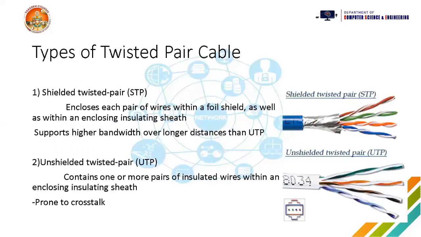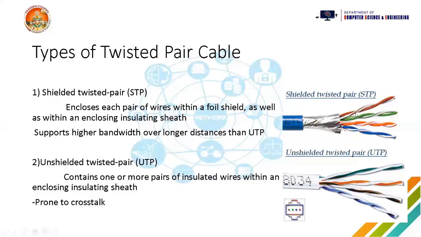Talking about the types of twisted cable, as we said, one is shielded twisted pair and the second is unshielded twisted pair, STP and UTP. STP, as the name says, is shielded, meaning a layer of protection is provided to the cables.